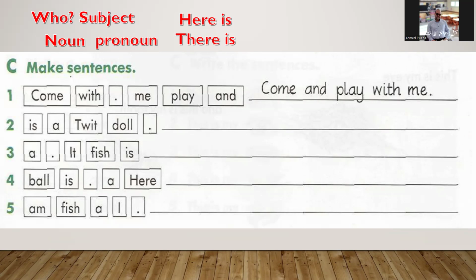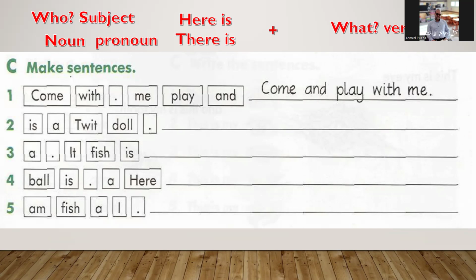So we took the first thing to remember, who, the subject. Then what comes after the subject? The verb. What happened? The subject did what, or does what. So the second thing is a verb. So we have subject and verb. Remember this, subject and verb.